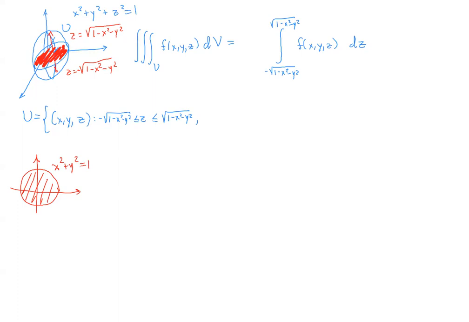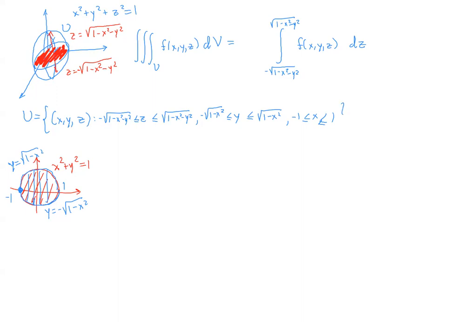We're going to say that y is between negative square root of 1 minus x squared and square root of 1 minus x squared, and eventually that x is between negative 1 and 1. So in other words, here I'm just looking at the lower boundary, which is y equal to negative square root of 1 minus x squared, the upper boundary, where y is equal to square root of 1 minus x squared, and I'm going to perform vertical integrations, and these integrations go from negative 1 to 1.